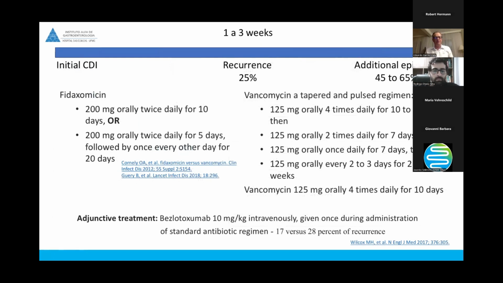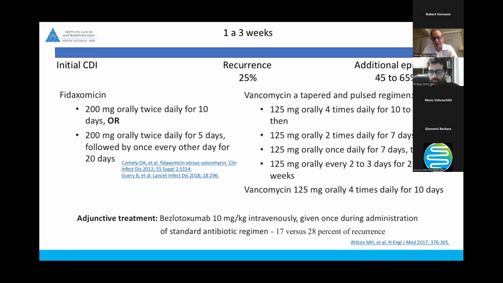About recurrence, we know that we have something like 25% of recurrence, and when a patient has the first recurrence, additional recurrence occurs in more than 45% of these patients. You can treat using fidaxomicin with the same posology, or you can use a tapering scheme to treat these patients for up to 20 days.